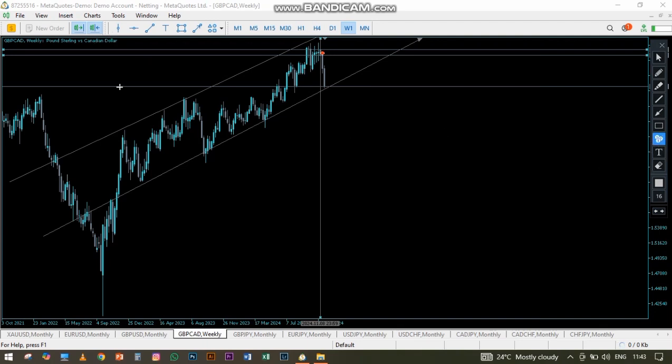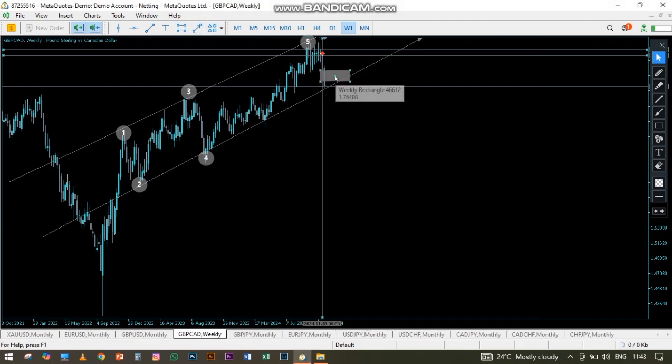Since price moved from here to here to here and to here, price has come back here, and then we are expecting price to come back to this zone down here. Let me first clear it. So that's where we are going to put our targets.